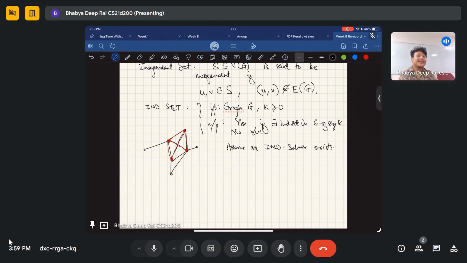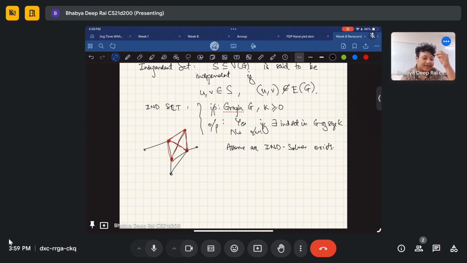What do I want you to observe? Observe that independent set is actually the opposite of clique in a philosophical sense. What does clique say? A set of vertices where all of them are connected. What does independent set say? A set of vertices where none of them are connected. So clique is the maximum number of edges, and independent set is no edges.